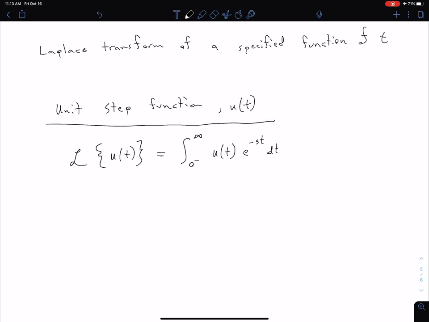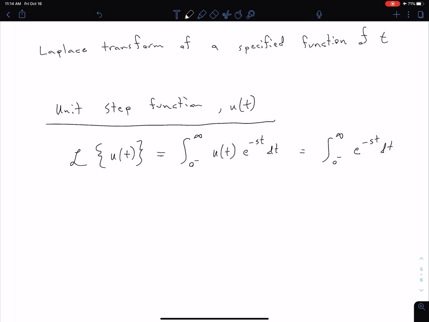Again, by definition, remember our u of t is 0 for t less than 0 and 1 for t greater than 0. So on the range that we're integrating, this just becomes 1. So we just have the integral from 0 minus to infinity of 1 times e to the minus st dt.